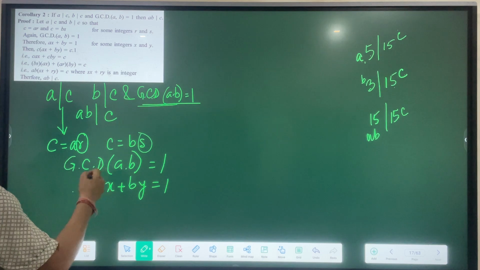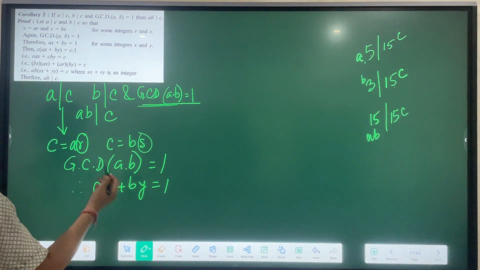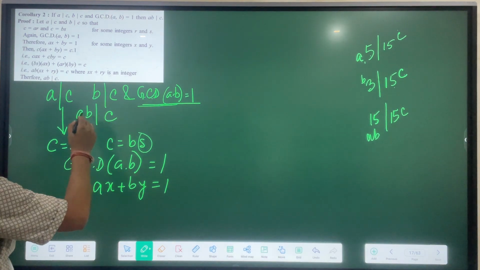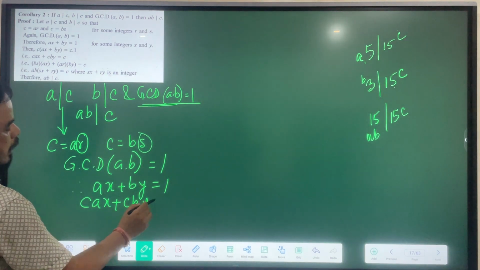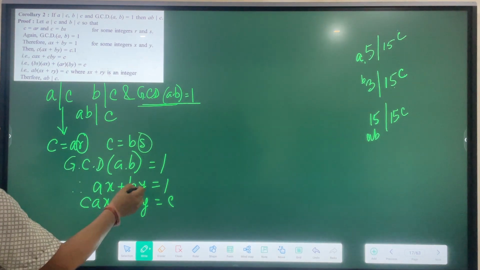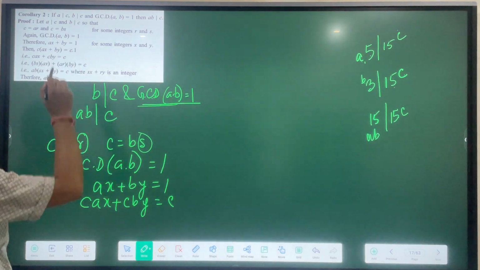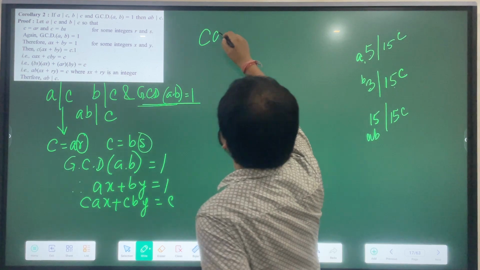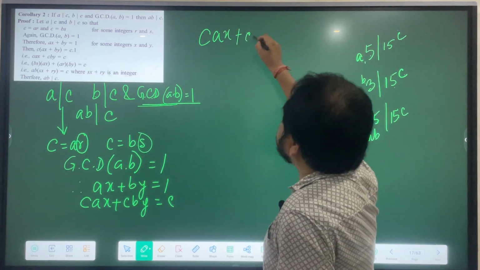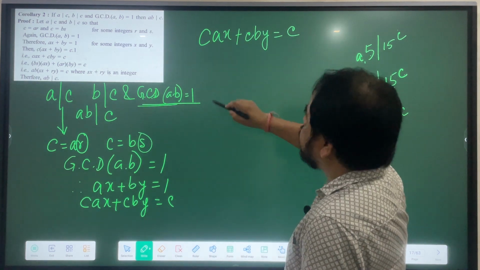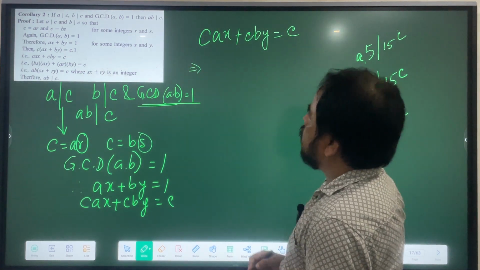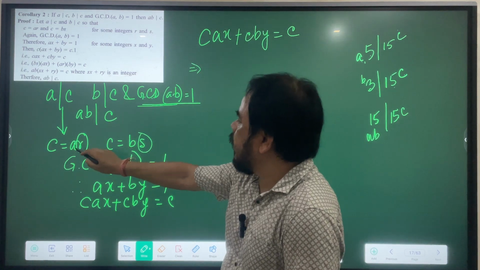Now we will multiply both sides by c. Why are we multiplying by c? Because we have to prove ab divides c. So cax plus cby equals c. Cax, cby, c into 1 is c. So what do you get? cax plus cby equals c. Now, in place of c, we will write ar.